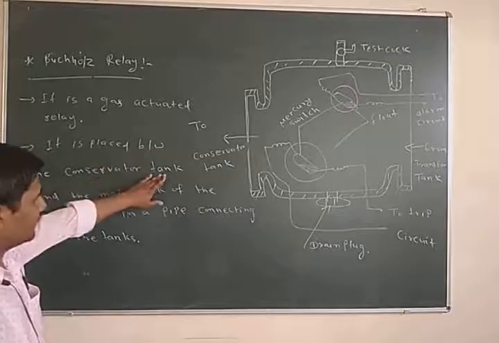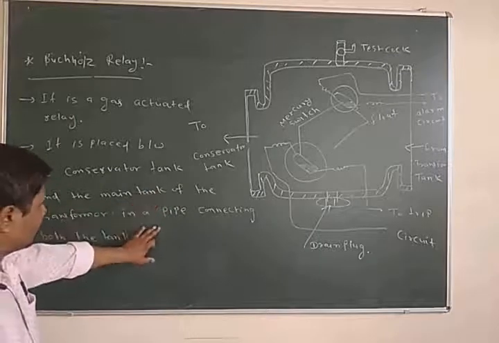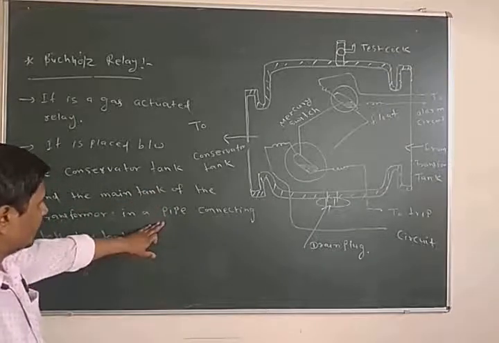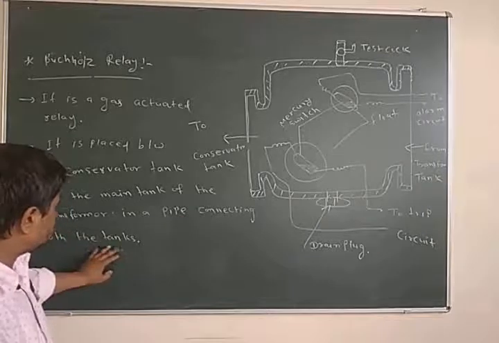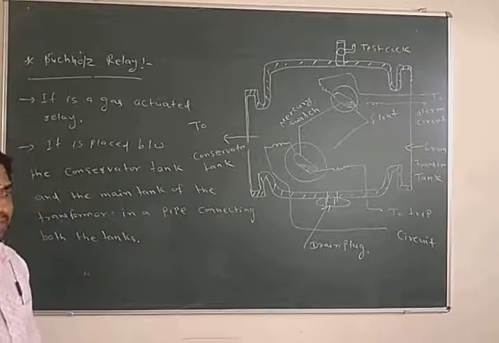This is a gas actuated relay. It is placed between the conservator tank and main tank, in the pipe which is connecting these two tanks, in which this relay is placed.